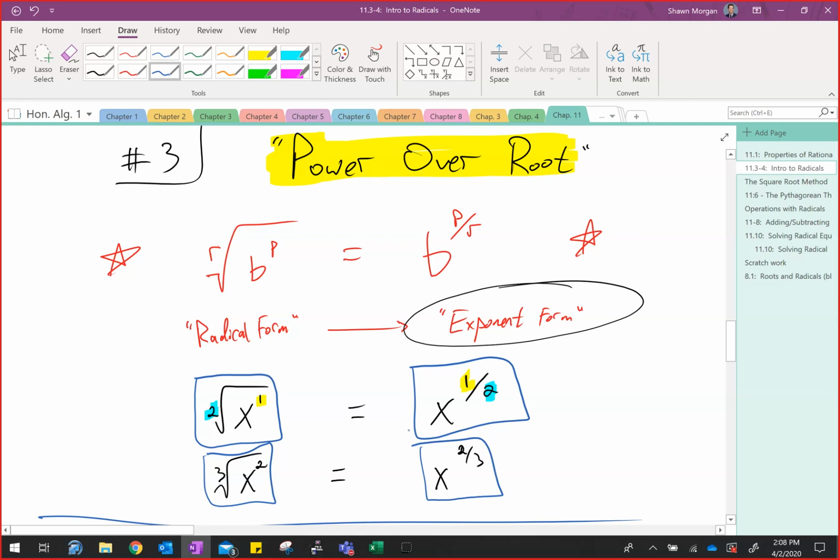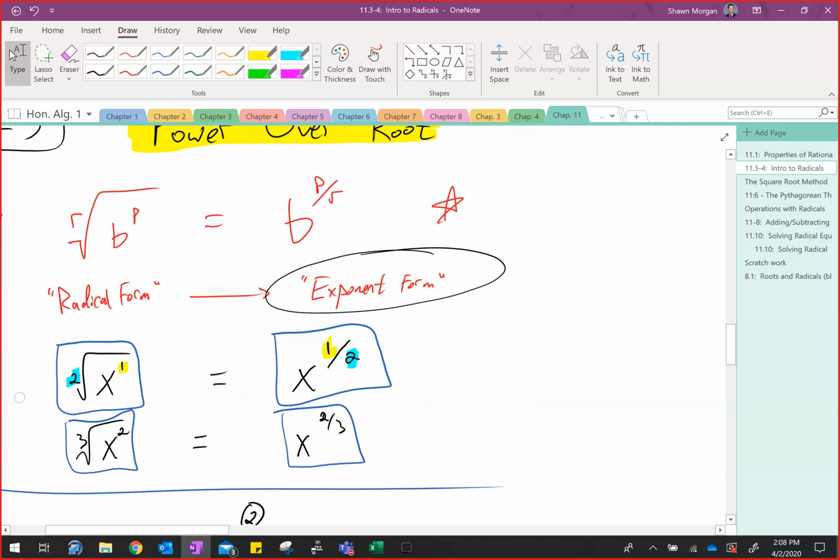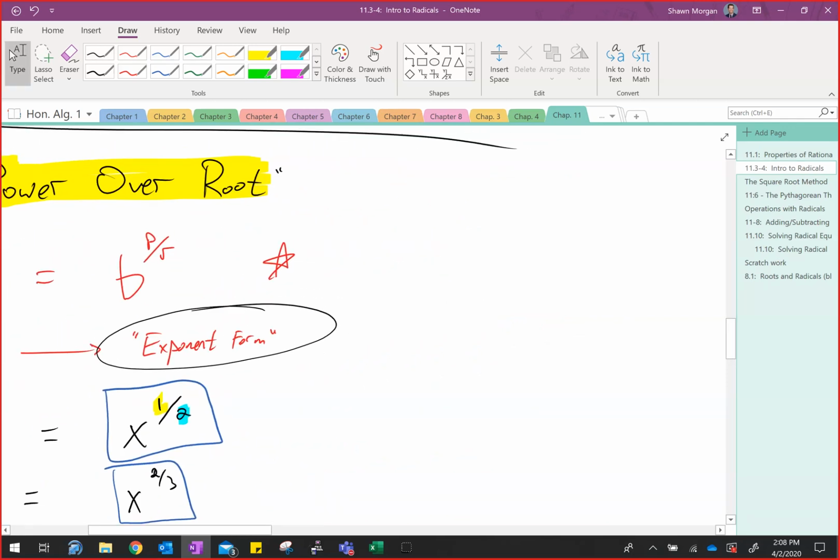Now this is where our normal notion of exponents sort of breaks down, doesn't it? If I asked you what an exponent of 3 means, you'd say x to the 3 just means I multiply x times x times x.